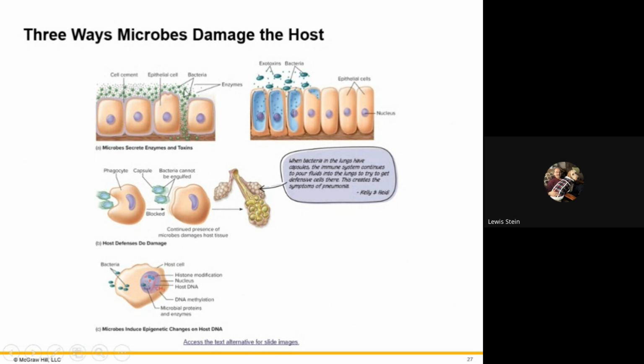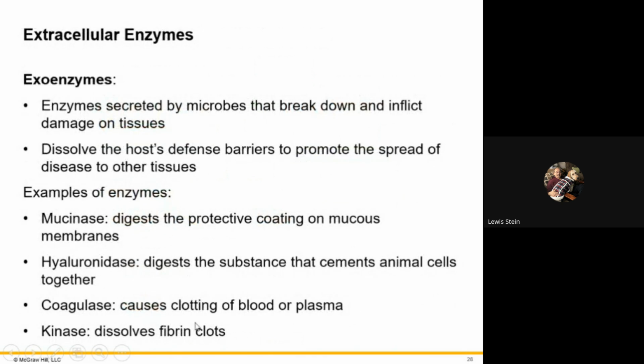Secreting enzymes, either destroying the cells or weakening the boundaries. Exotoxins being produced. Okay, there's encapsulated bacteria, very, very difficult to deal with. Okay, can't be engulfed by the white blood cells, whereas that's their job. So there's a lot of these, and the epigenetic changes are when they're altering things on a genetic basis, so to speak.